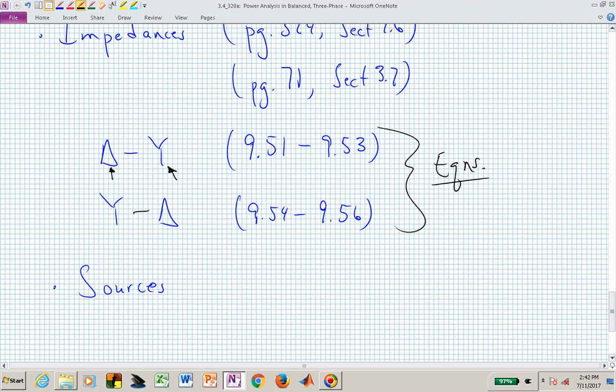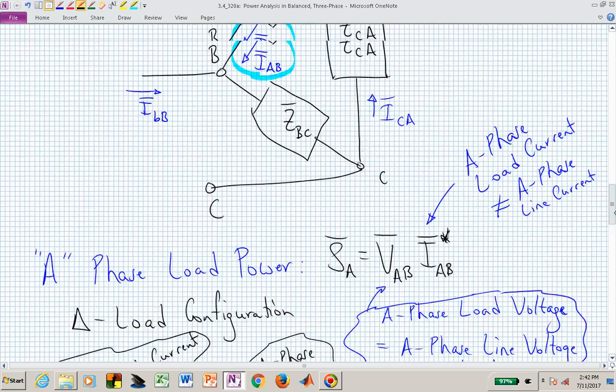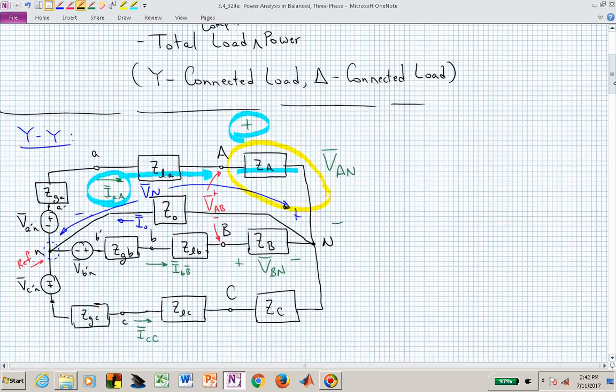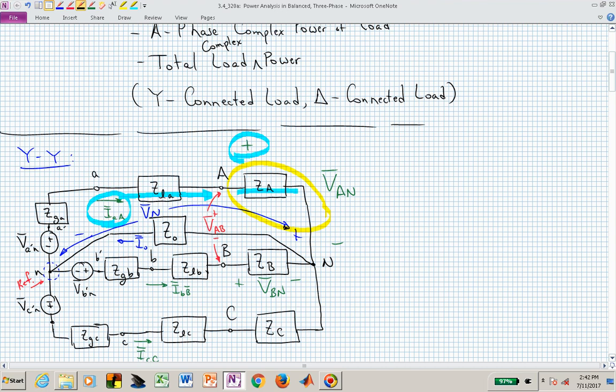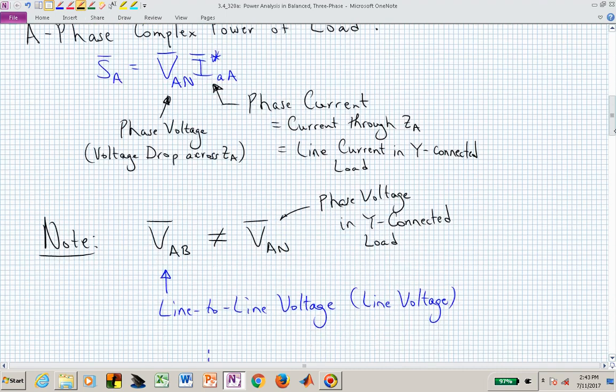And we'll start to connect or relate or show how to convert voltages from deltas to Ys, which, for example, in a Y connected configuration, I think you can see that the phase voltage is not the same as the line voltage. And so we will work out the relationships between line voltages and phase voltages in these different configurations.